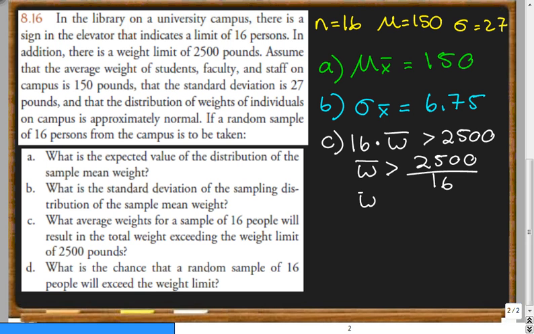So our weight would have to be greater than 156.25 pounds.